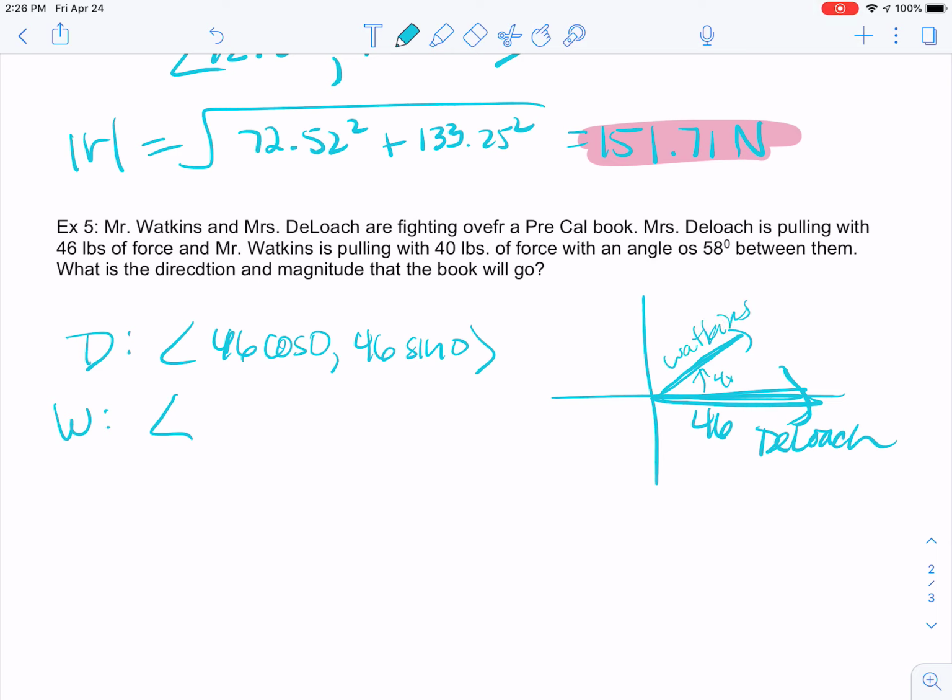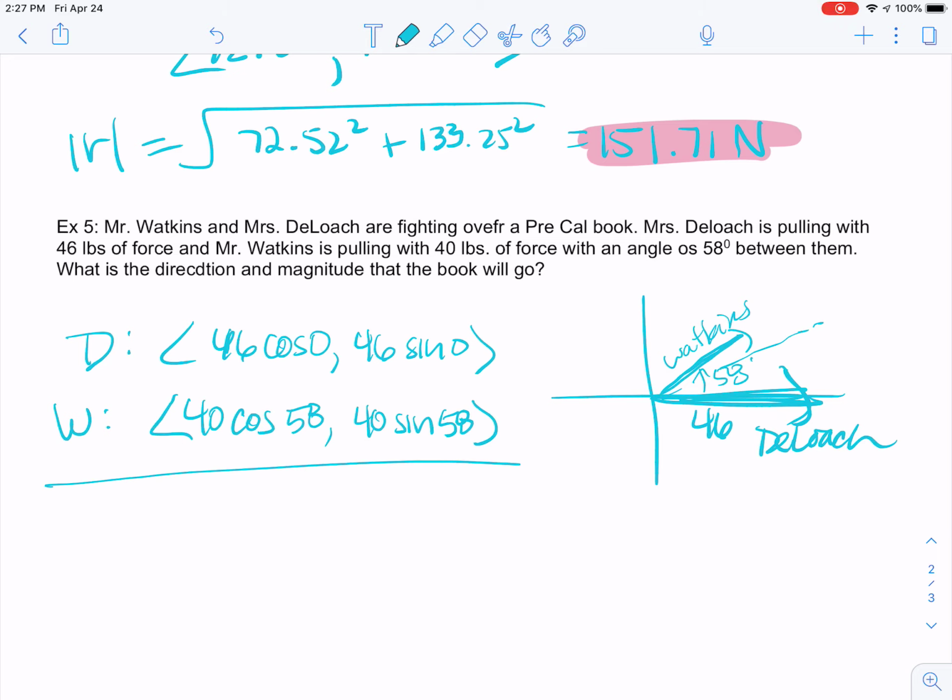And he's pulling with 40 pounds of force. So 58 for him. And you could switch around who was on the 0, okay? The book, as you know, is going to go something like that, between us.